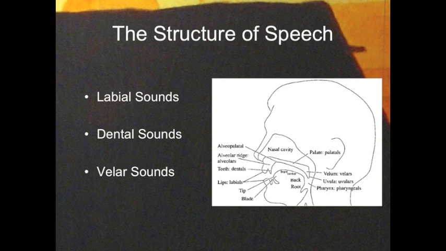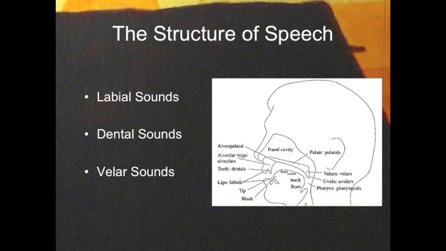The second group of sounds I'd like to highlight briefly here are dental sounds. Dental sounds involve the upper teeth as a passive articulator, or something that's getting in the way. The active articulator may be either the tongue tip or usually a blade of the tongue, the edge of the tongue, for example. A good example of a dental sound is a TH sound.